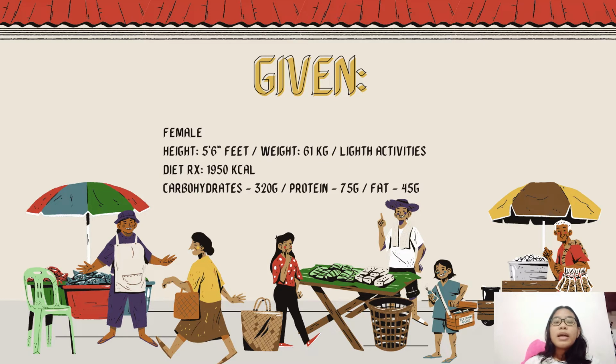It also has a diet prescription of 1,950 kilocalories, carbohydrates of 320 grams, protein of 75 grams, and fat of 45 grams.